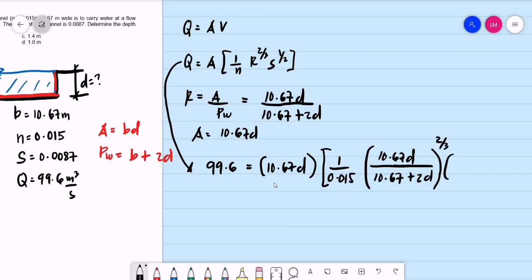Then we have a hydraulic slope given as 0.0087, raised to 1/2. We are now solving for the depth of flow.